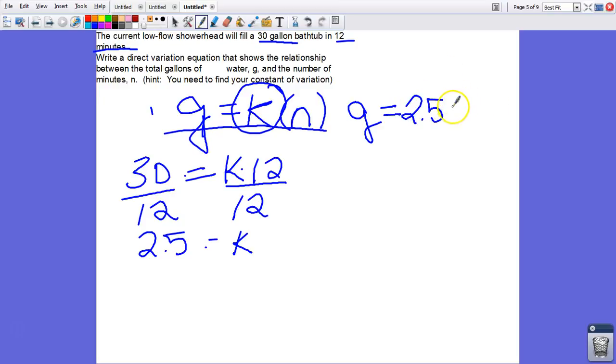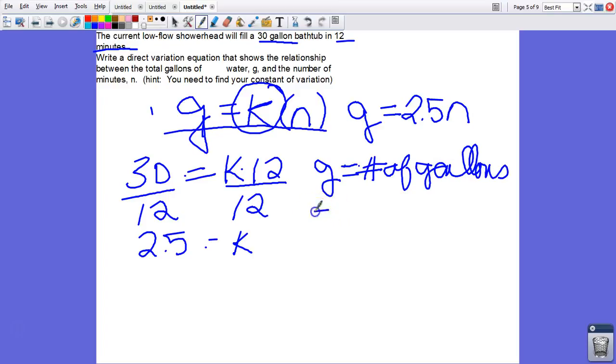where G is my number of gallons, and N is my number of minutes.